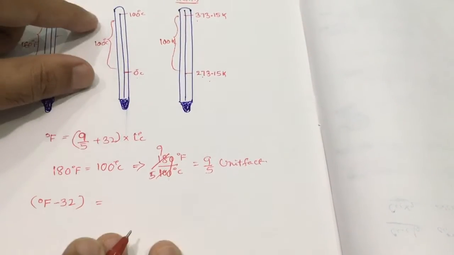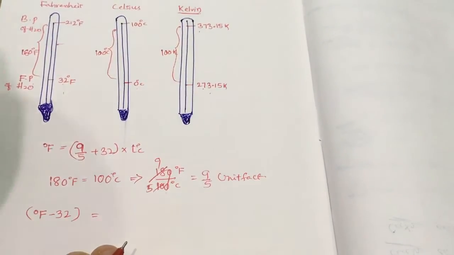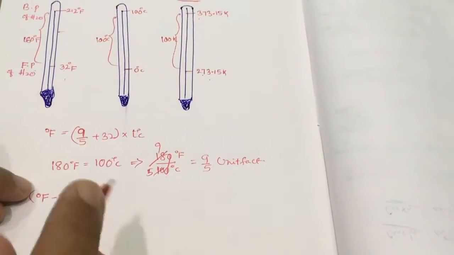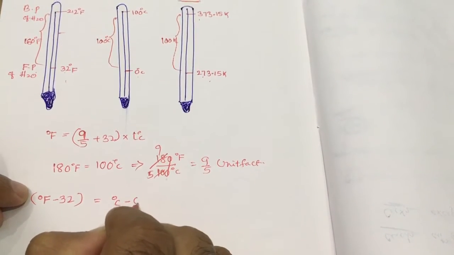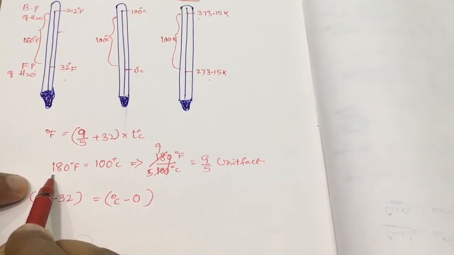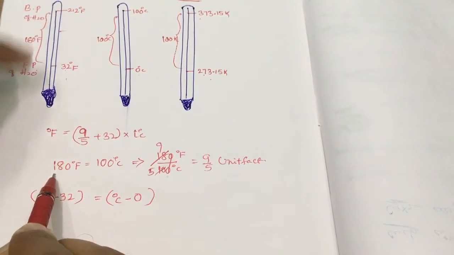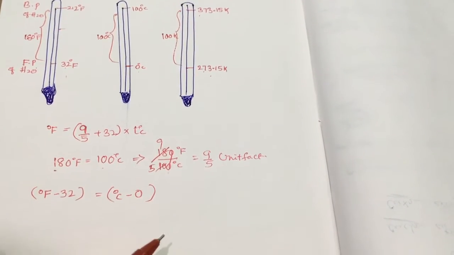That is equal to, other than 100, any other temperature you can take, more or less. For example, this degree Celsius temperature minus 0. These are equal, because already we know that 180 degree Fahrenheit is equal to 100 degree Celsius.